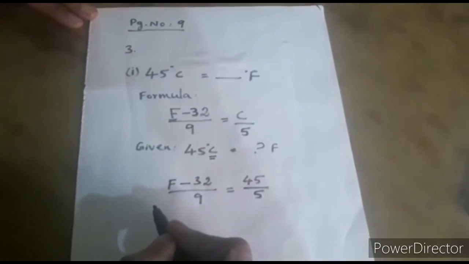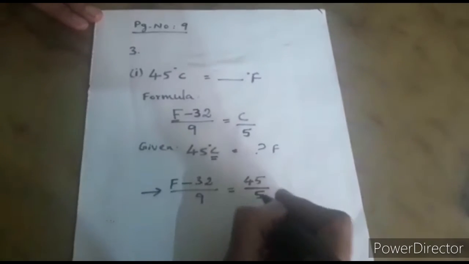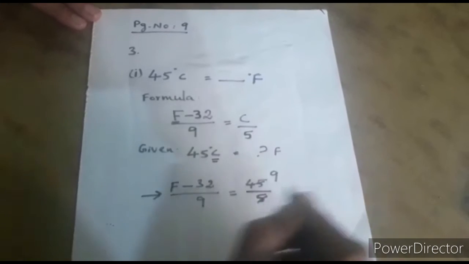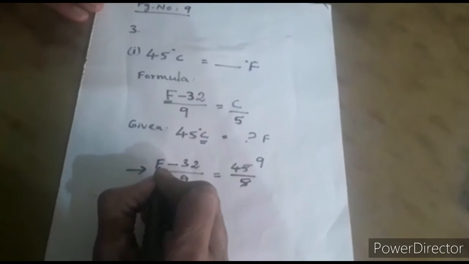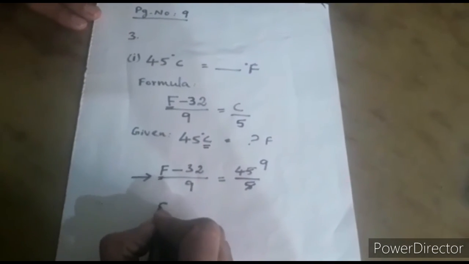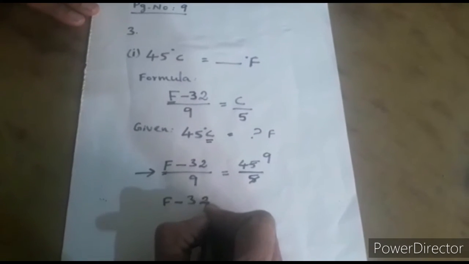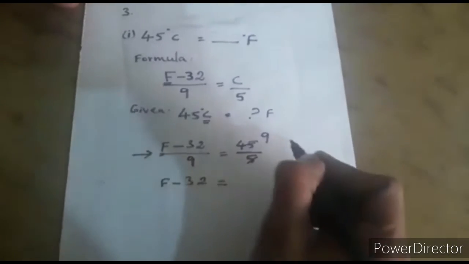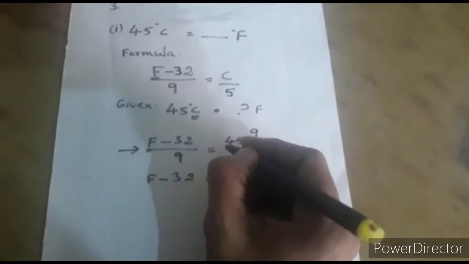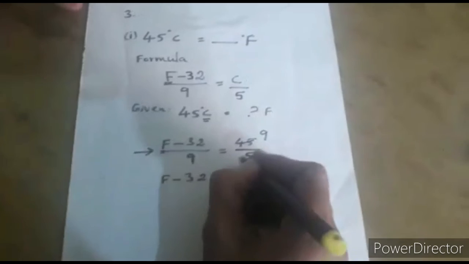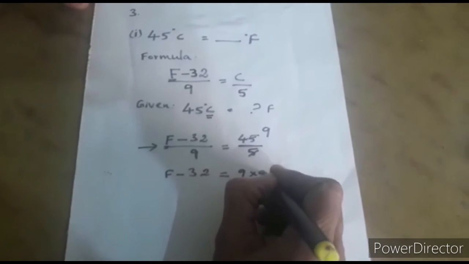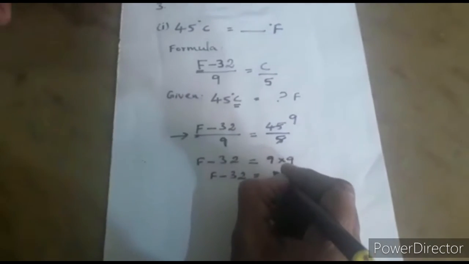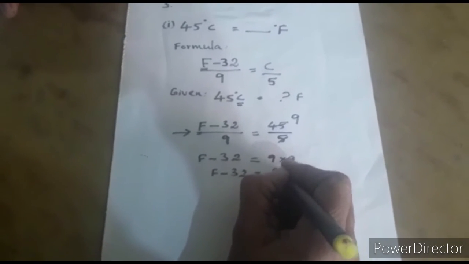Okay, children, this first step, is it clear? Yes. So here 9 fives are 45, so you can cancel it. Now you have to find out F. So F minus 32 is equal to this divided by 9. When it comes to the right hand side, you have to do multiplication. So 9 into 9. F minus 32 is equal to 9 nines are, what is the table? 81.